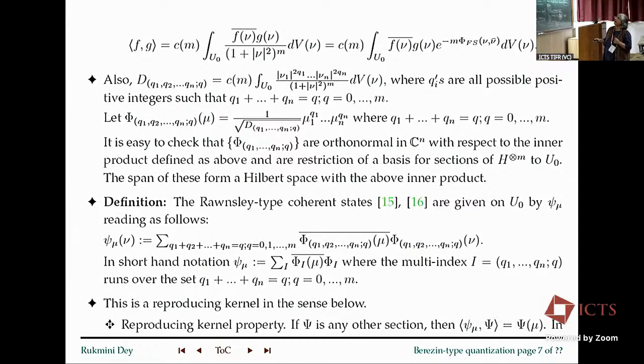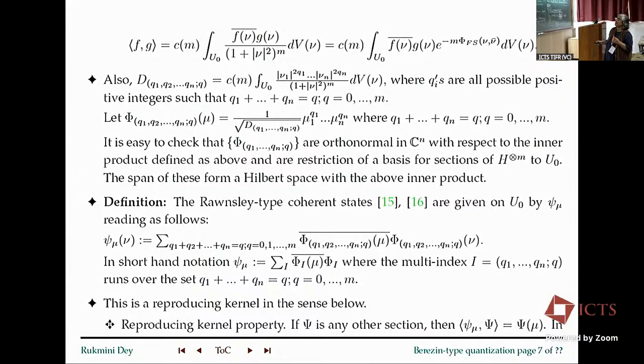I write the orthonormal basis for the Hilbert space as this. Now, given an orthonormal basis of a Hilbert space, which is a reproducing kernel Hilbert space, which I'll talk about a little later, there is a Rawnsley-type coherent state on U0, which is given by this.